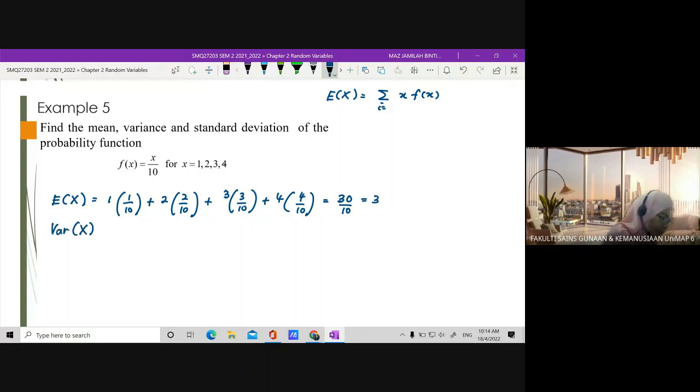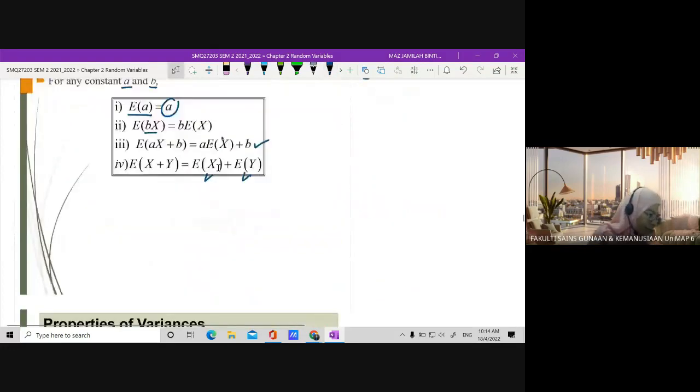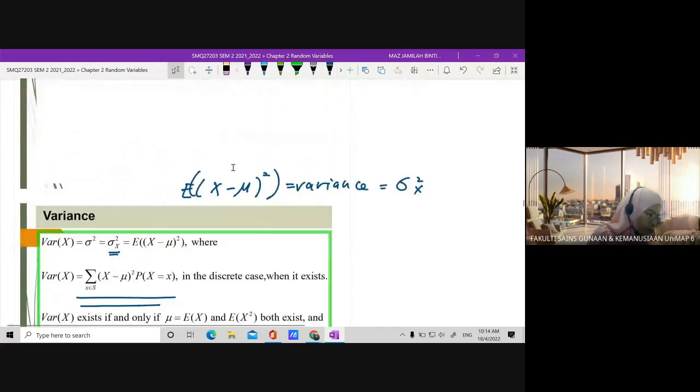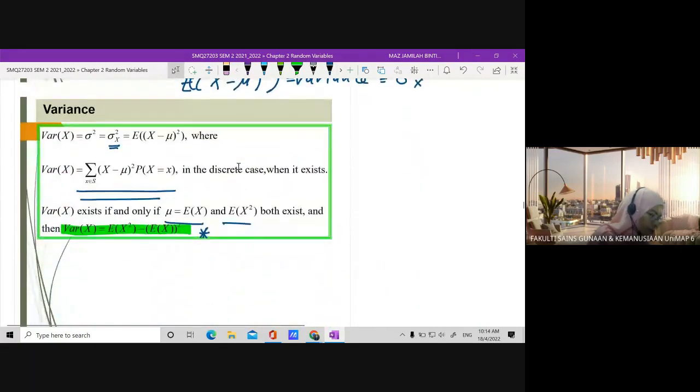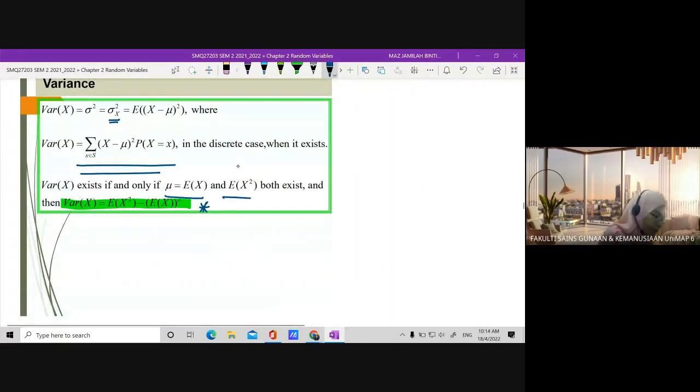Variance of x. Okay. So how to find the variance? The formula says the variance is expected value of x squared minus expected value of x, squared. Okay.